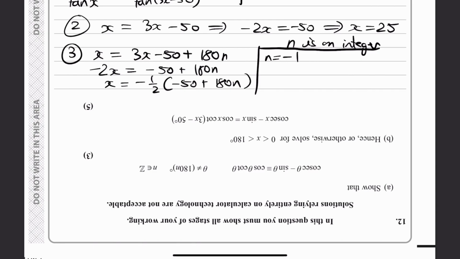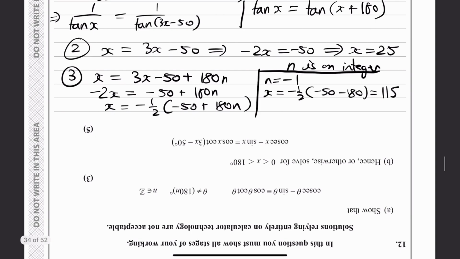So if we say n is equal to negative 1, then we're going to get x is equal to minus 1/2 times minus 50 minus 180, putting this into the calculator, 115. Okay, there's a real solution. Nice.